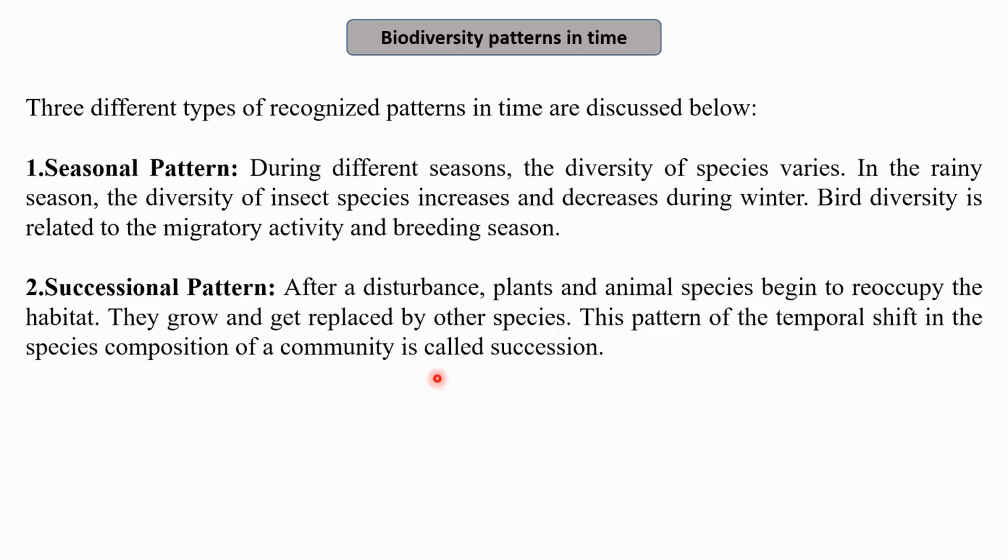During succession, plant and animal species grow and get replaced by other species, ultimately leading to climax communities which are in equilibrium with the current habitat.